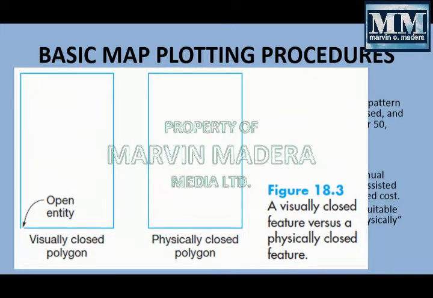Unlike the visually closed polygon. Take note of that because in the map system or the CAD system, due to the very large scale, you cannot really detect it if you do not zoom in on the sides of the polygon. So that is the difference between the visually closed polygon and the physically closed polygon.